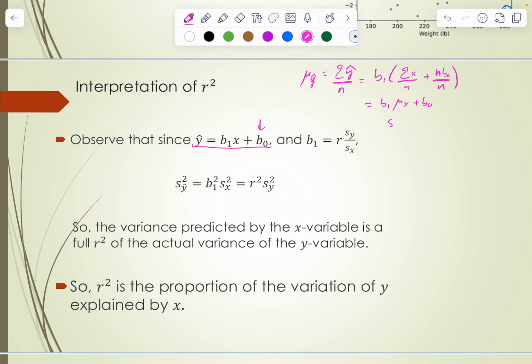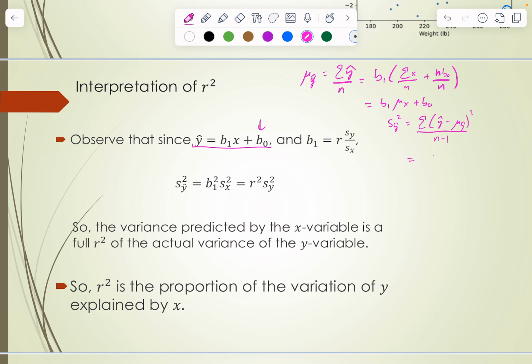Or if I were to find the variance of y hat, that is going to be the sum of y hat minus mu of y hat, squared, over n. And mu is a little bit of abusive notation because y hat is a form of data.